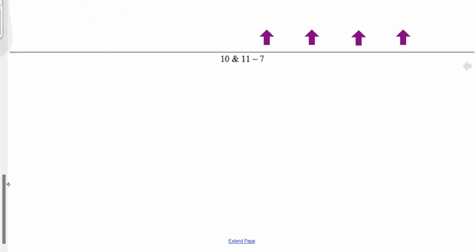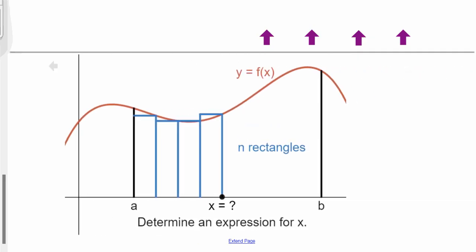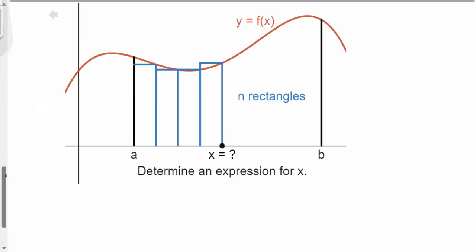Okay. So now let's look at if we had a curve like this, and we wanted to approximate the area with a bunch of rectangles. Given what we just did, and given this diagram where I have 4 rectangles, what's an expression for that value of x?